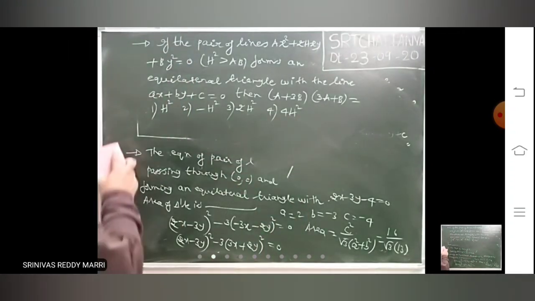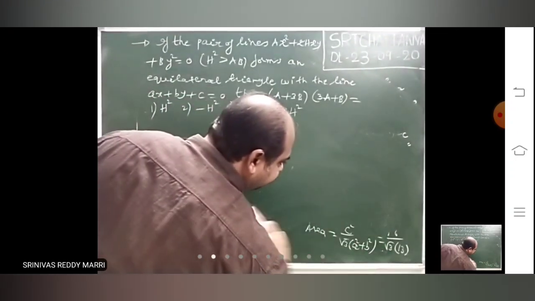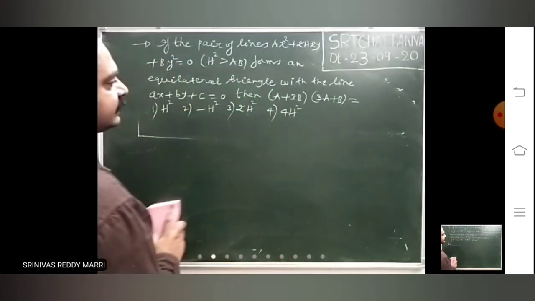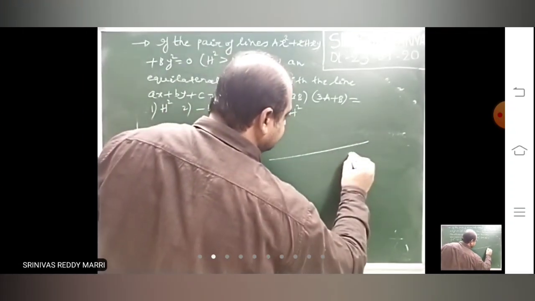So he has given the pair of lines which form an equilateral triangle.